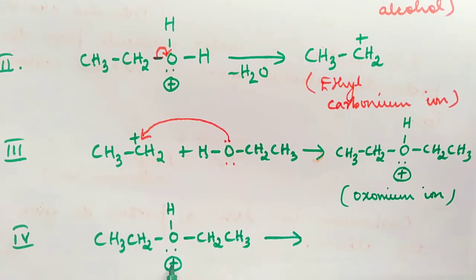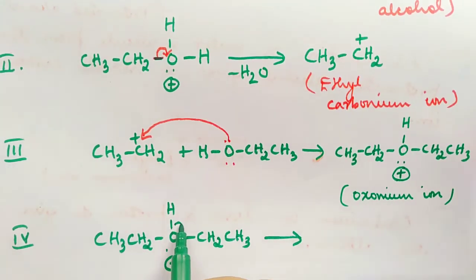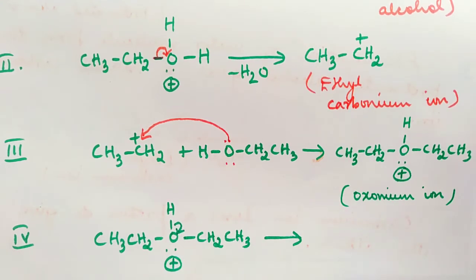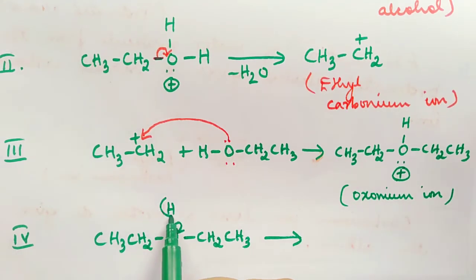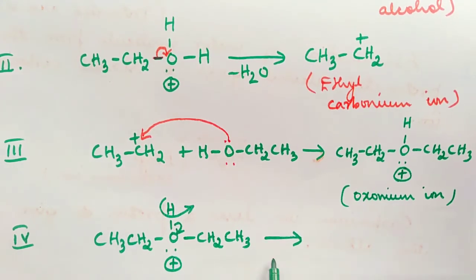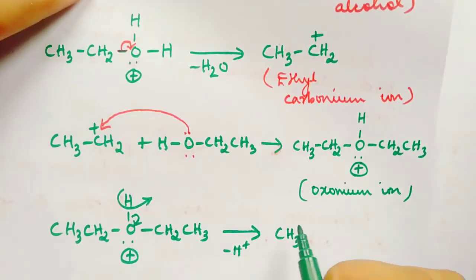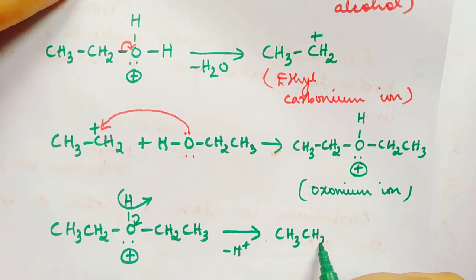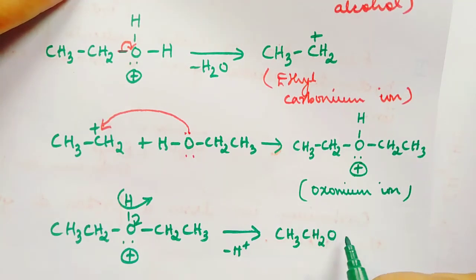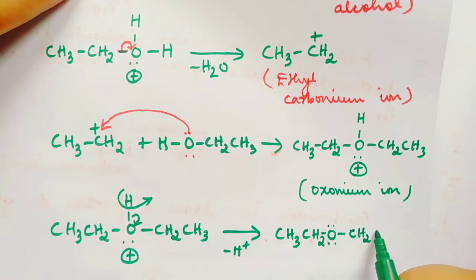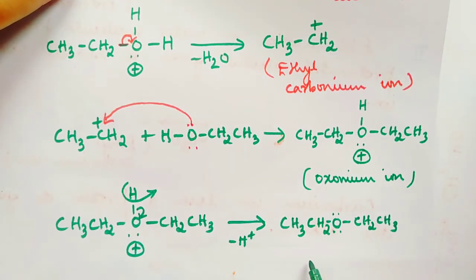To neutralize this positive charge, these electrons from this bond go to the oxygen atom, and so we have the removal of a proton. Alright, so what do we have? CH3, CH2O, okay, with two lone pairs of electrons, and here we have a proton.